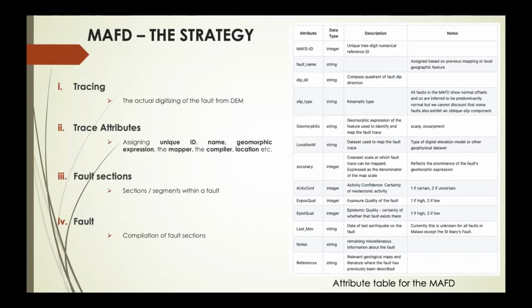So we had to pick each and every segment along the fault zone and give it its own attribute. Then compilation of the fault section. So the table we see is an example of the attribute table that we find within the Malawi Active Fault database. Next.